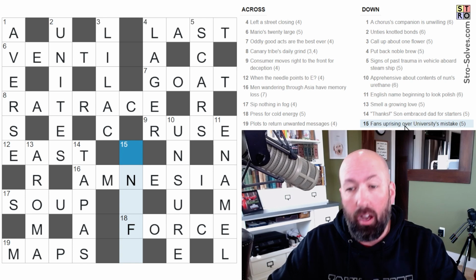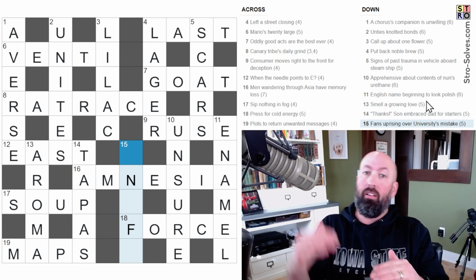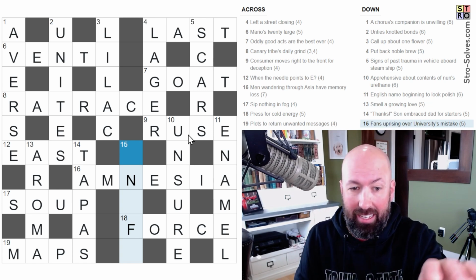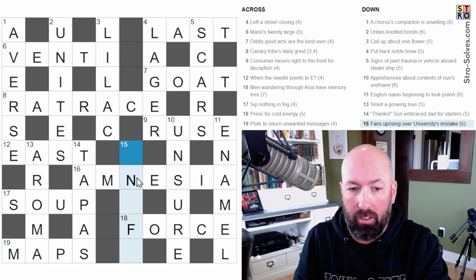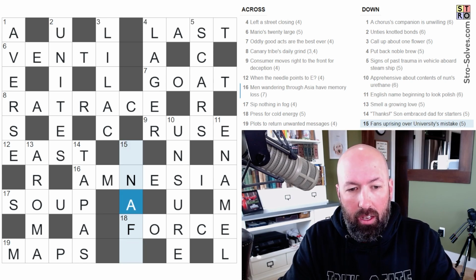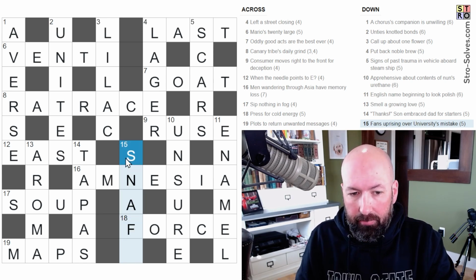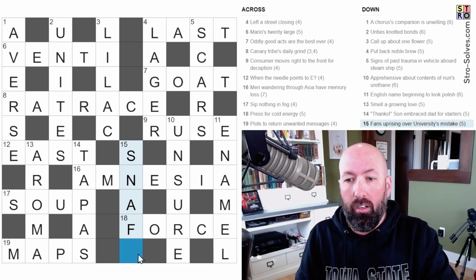And then over, over again on a down clue, over should make you think something is above something else. Actually physically in the crossword grid, it's over it, it's above it. So we have fans uprising, right? Fans are uprising. It's going up, and it's over.